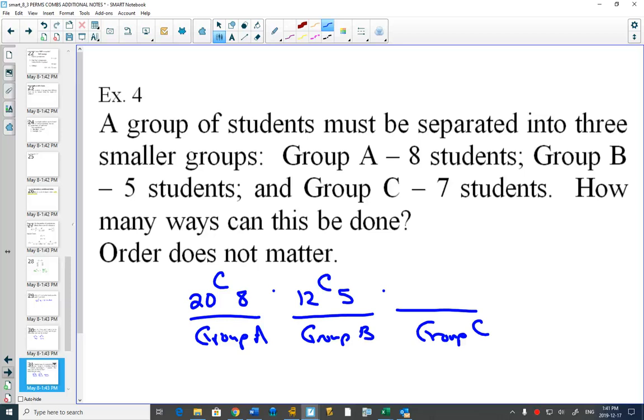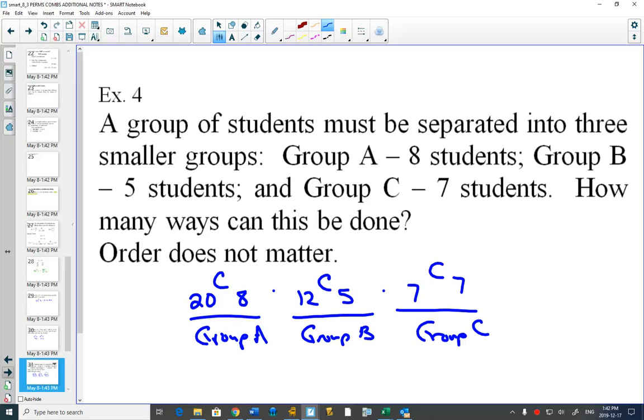How many people are left? 7. How many people do I have to choose to be in the last group? 7. There's only one way that happens. 7 choose 7 is 1. If you're one of the last people still wondering what group you're going to be in, I feel bad for your group because you're probably not going to help them in the project very much in the end.